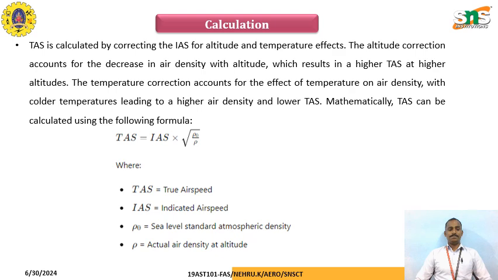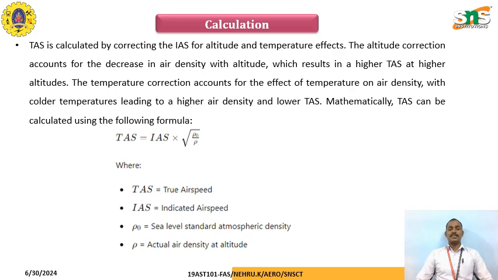True airspeed is calculated by correcting the indicated airspeed for altitude and temperature effects. The altitude correction accounts for the decrease in air density with altitude, which results in a higher true airspeed at higher altitude. The temperature correction accounts for the effect of temperature on air density: colder temperature leads to higher air density and lower true airspeed.